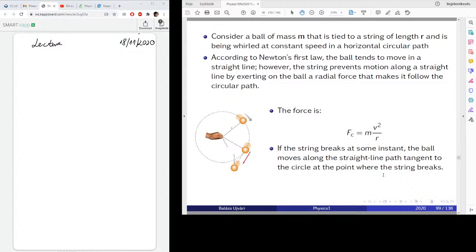And in this example, if the string is not strong enough at a given v, it can break, and then, since there is no more centripetal force, the body will move like in Newton's first axiom with a constant v in a tangential direction.